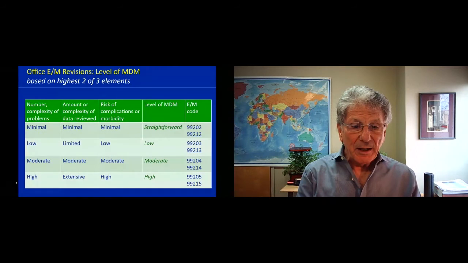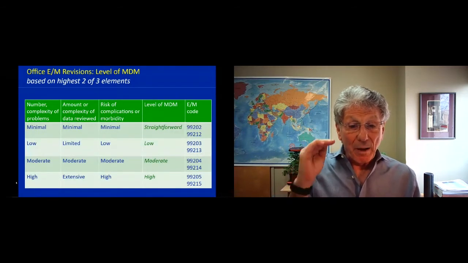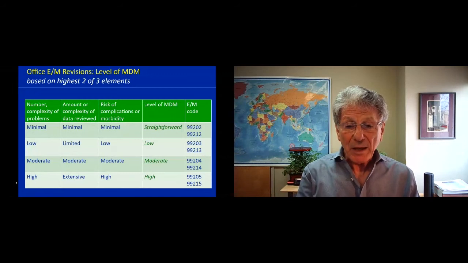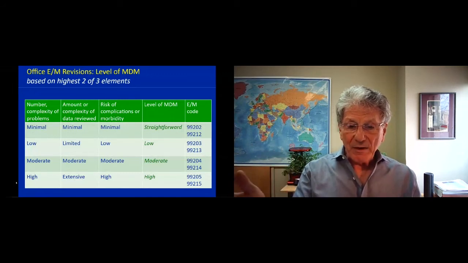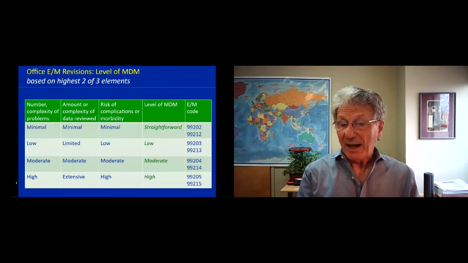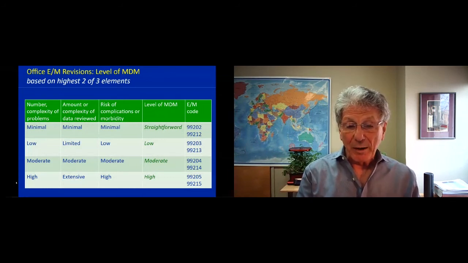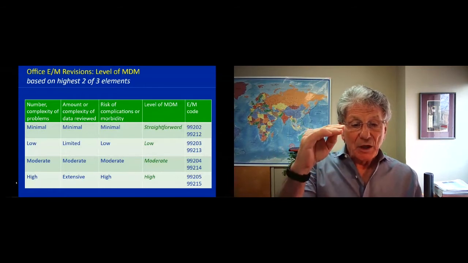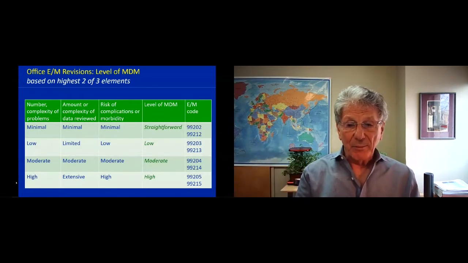It's a limited complexity of data reviewed in the second column, but it's a moderate risk of complications in the third column because you prescribe birth control pills. The best of 2 out of 3 is referred to as low. So if it's a new patient, that's a 99203. If it's an established patient, it's a 99213. So you choose whatever is the highest of 2 out of 3, and that becomes your E&M code.